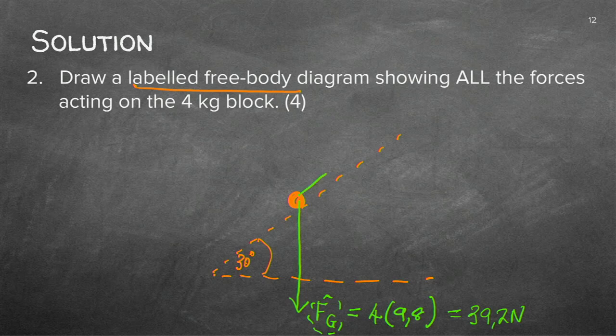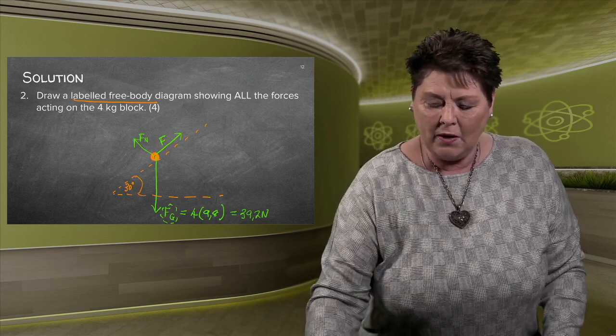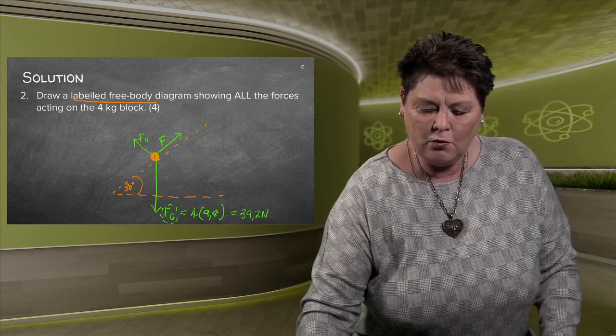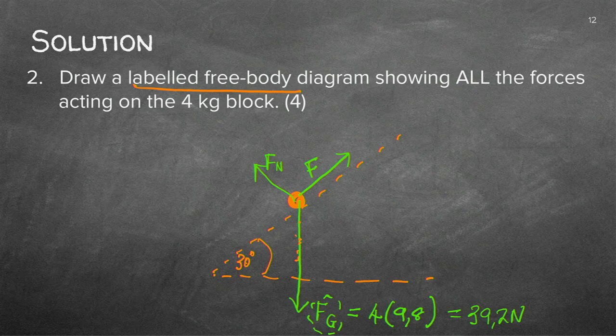You've got the force upward, which they ask you to calculate, and you know you've got your normal force upward there. So that would be one way of doing the free body diagram. Another way of doing the free body diagram would be to take out this one and actually substitute that with the 2 components.